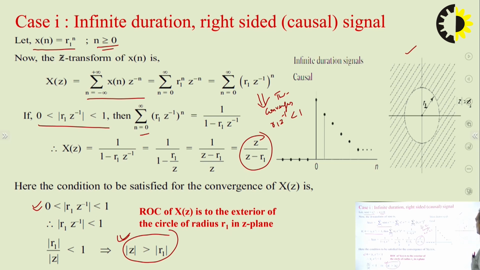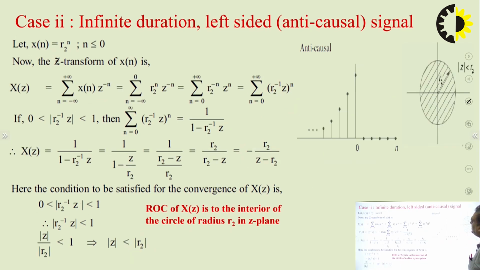Okay. Similarly, if we see the case of infinite duration left-sided signal or anti-causal signal, here let us suppose we are taking another sequence R2^n and we are assuming the values of n are less than or equal to 0. Okay. So in this case, the Z transform of x[n] you can write as x[n] z^(-n). This is the definition.